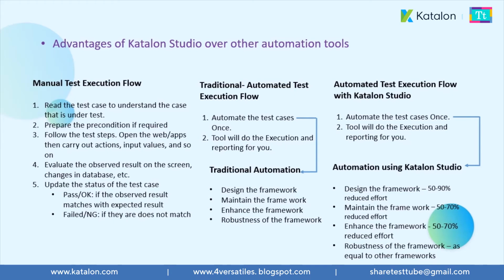So now again it is manual versus automation, and further, automation which is traditionally done against automation done using Katalon Studio. We have discussed the steps involved in the manual test execution flow, so that is understood. Now, what is traditional automation and what are the steps involved in its execution flow?